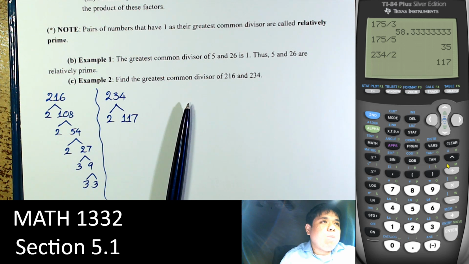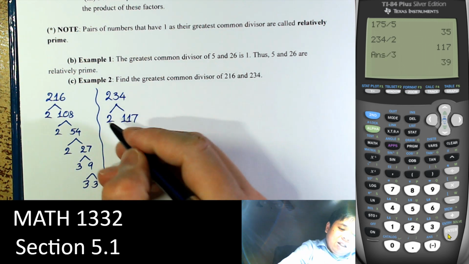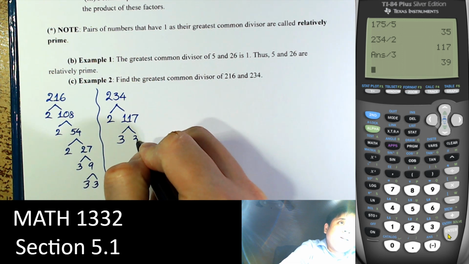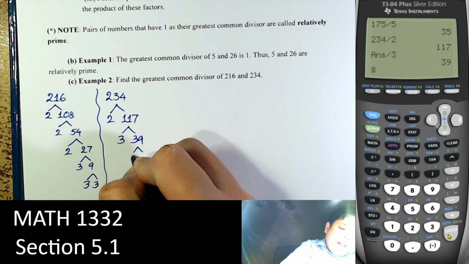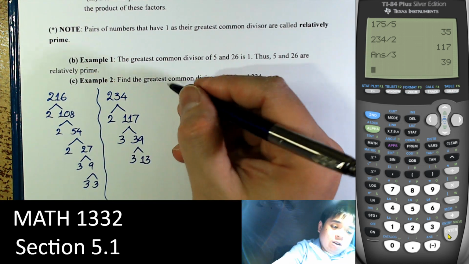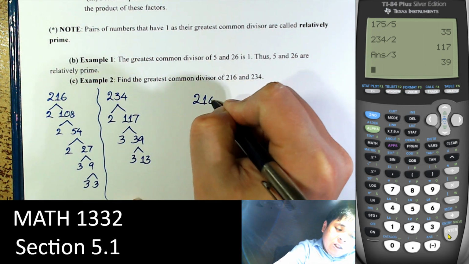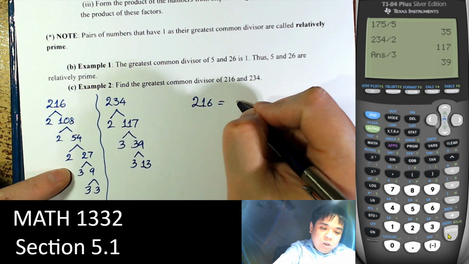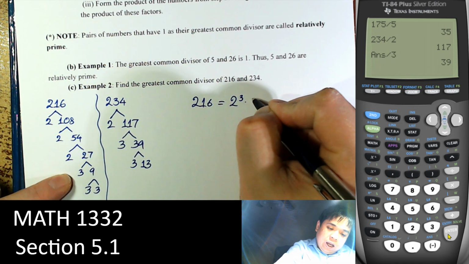Certainly it's not divisible by 2, but how about 3? Yes. And then 3 again, 13, and 13 is prime. So the factorization of 216 is 2 to the 3rd and 3 to the 3rd.